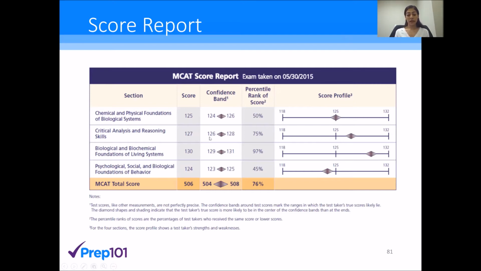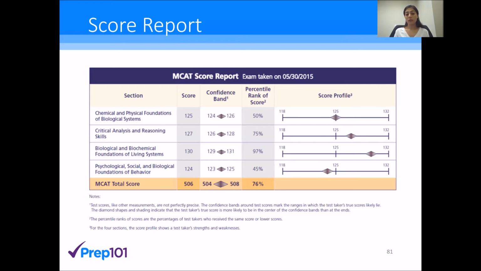Okay, now one thing I haven't talked to you about that I decided to explain later are the confidence bands. So here are the confidence bands for this student on each of those 4 exams. What the confidence bands indicate is it's more for the medical school use, and it's to kind of tell them to not overemphasize small differences in scoring between similar applicants.